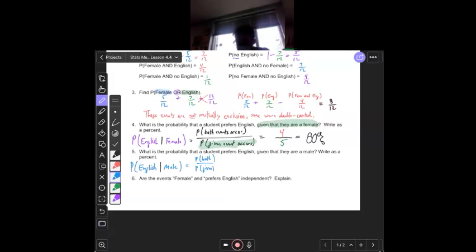Again, that's the probability of both happening divided by the probability of the given happening. I like to start with the bottom, the given part. It doesn't matter. So what's the probability of the student being male for this class? 7 out of 12.